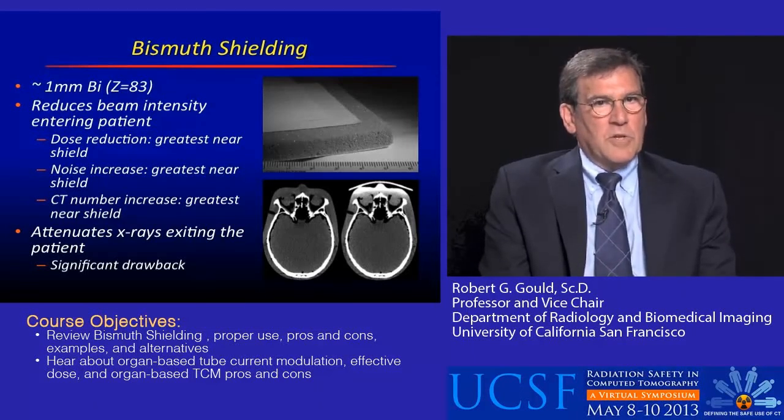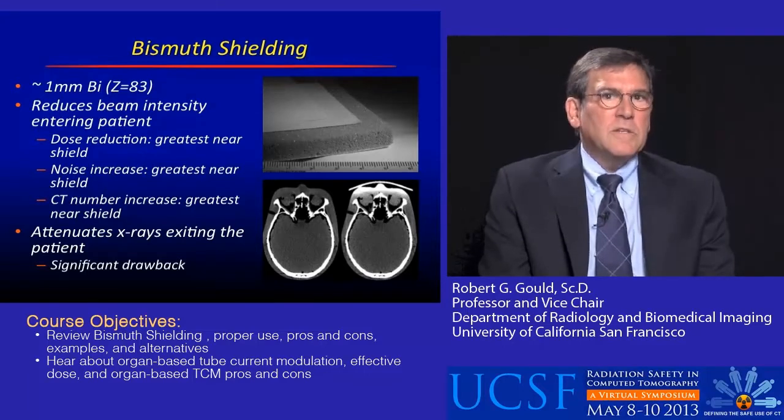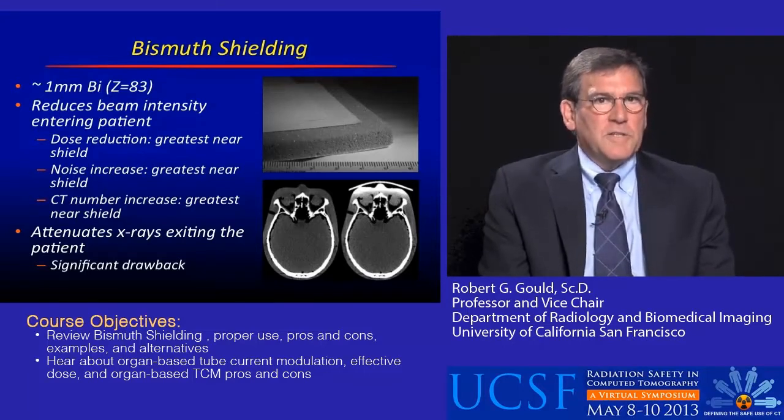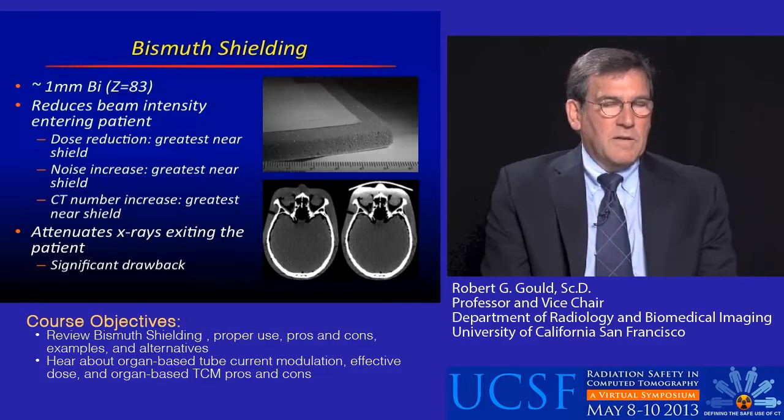It does result in a noise increase, a statistical increase in the noise, which is also greatest near the shield, and it also distorts the CT number near the shield. And you can see that in this phantom head where the shield is placed right on the object, and you see that white elevated CT numbers there.